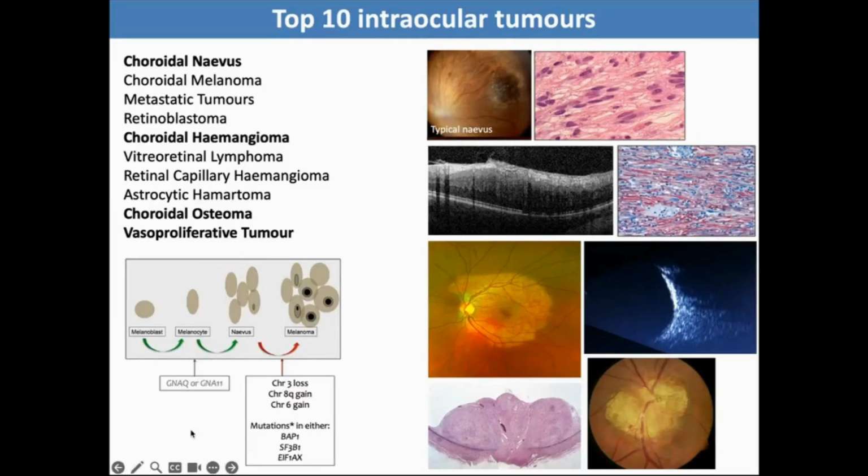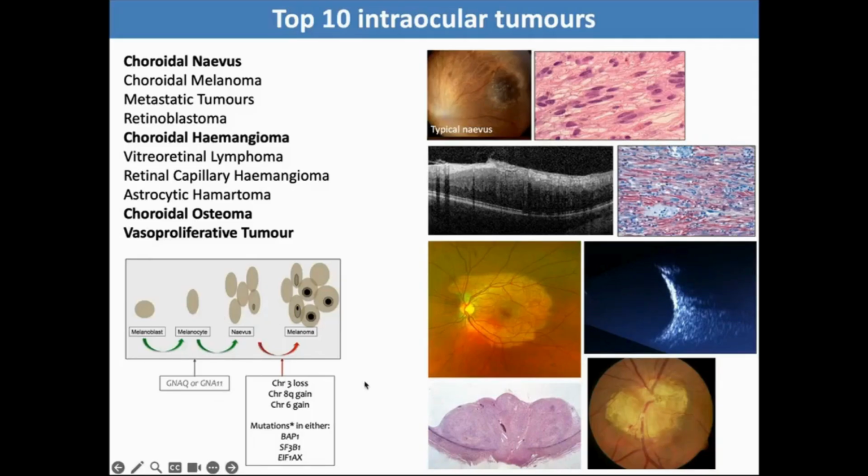To highlight this, what is happening here is that you have a melanocyte which undergoes a mutation in GNAQ or GNA11, and this leads to the formation of a nevus.